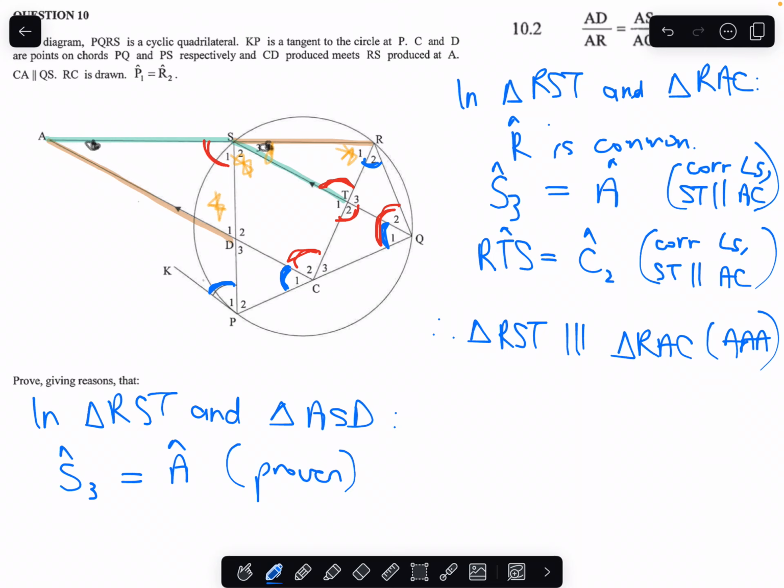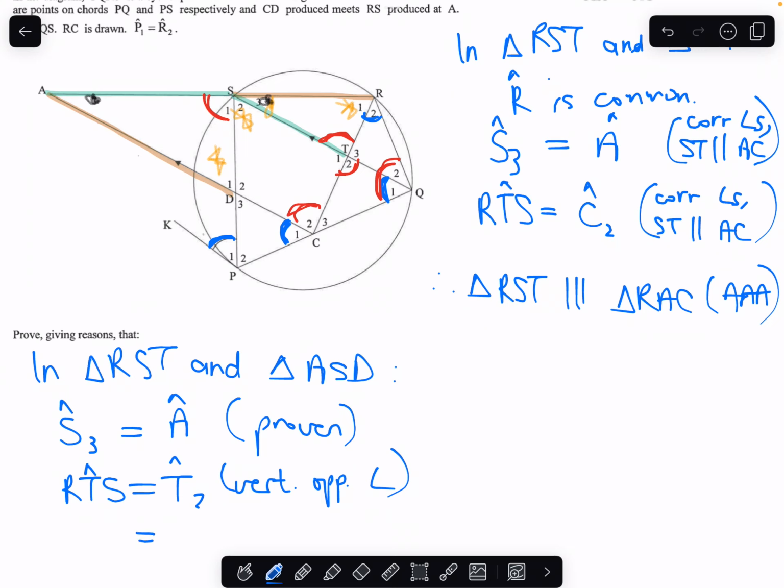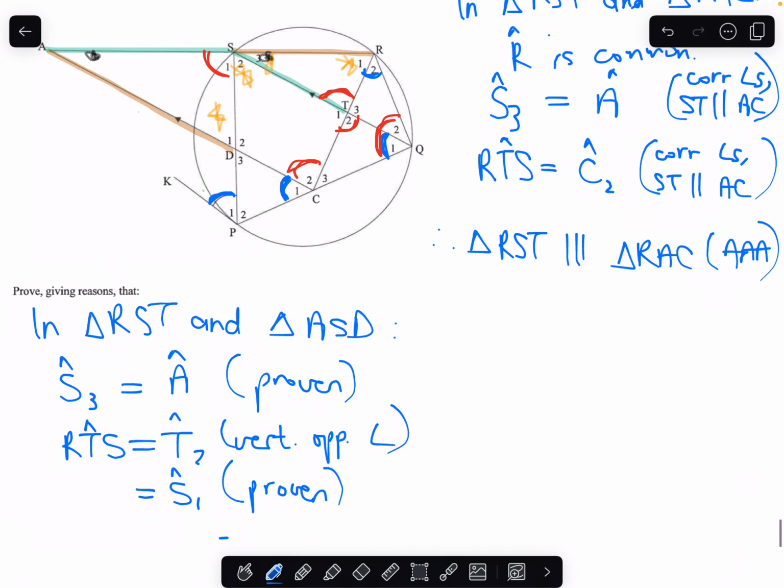We have the angle RTS is equal to angle T2 because they're vertically opposite, right? But T2 is equal to S1, which was already shown in question 1. Probably why we were asked to show it in question 1, so that we can use it here.